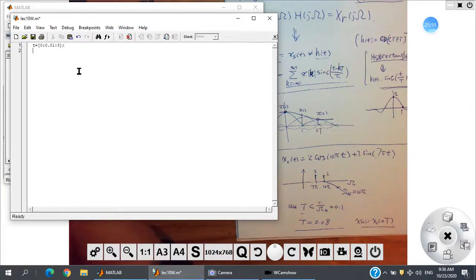I choose a time interval, and in this interval I have xc of t, which is 2 times cosine of 10 times pi times t, plus 3 times sine of 7 times pi times t.